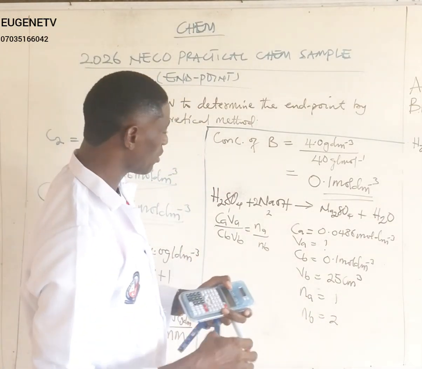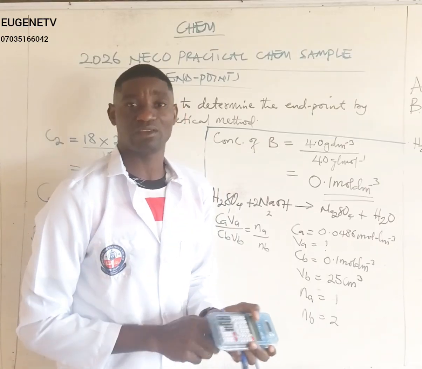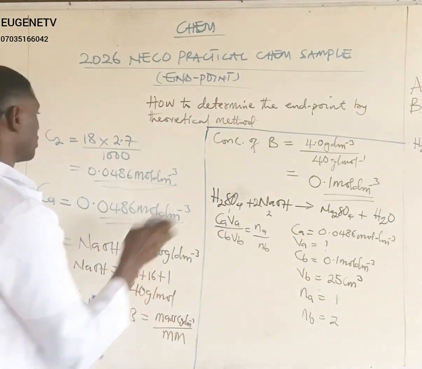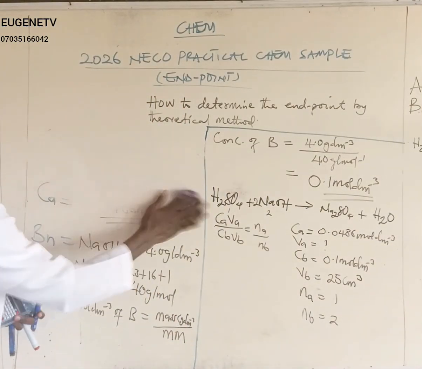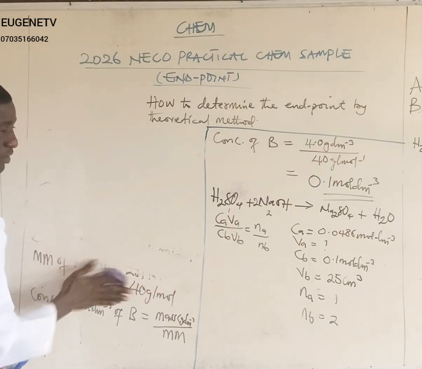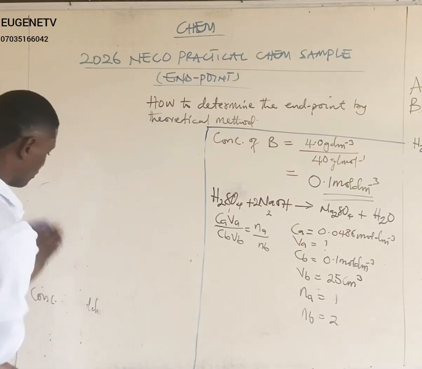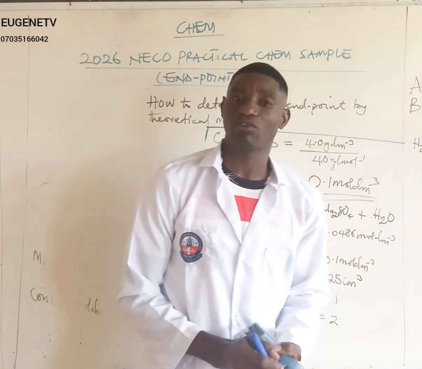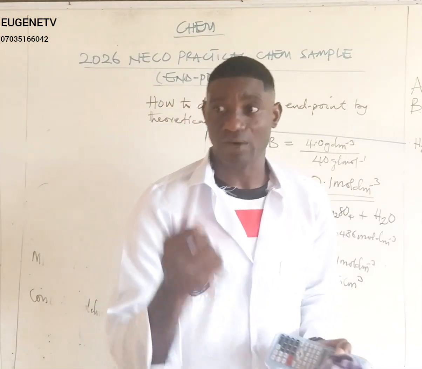So let us see how we can now find the endpoint, that is the volume of acid that is used. If we make Va the subject of the formula, that is where we are going to get our endpoint.